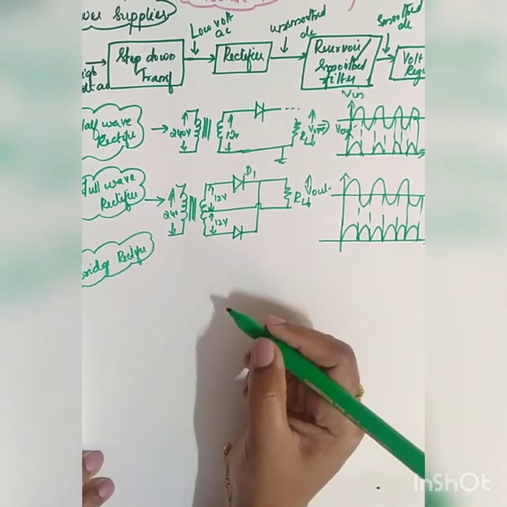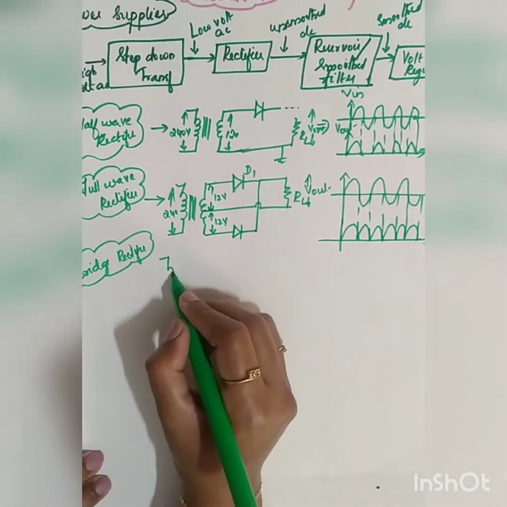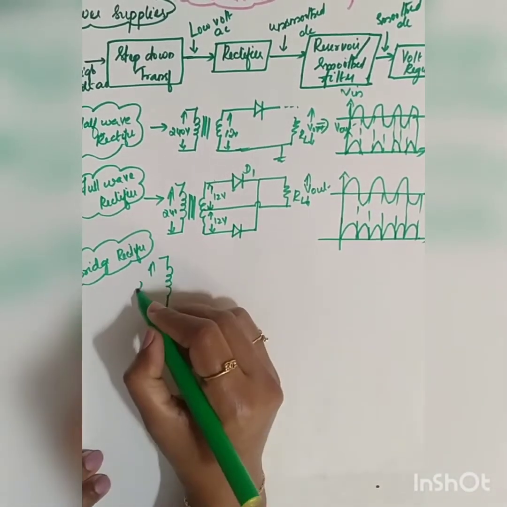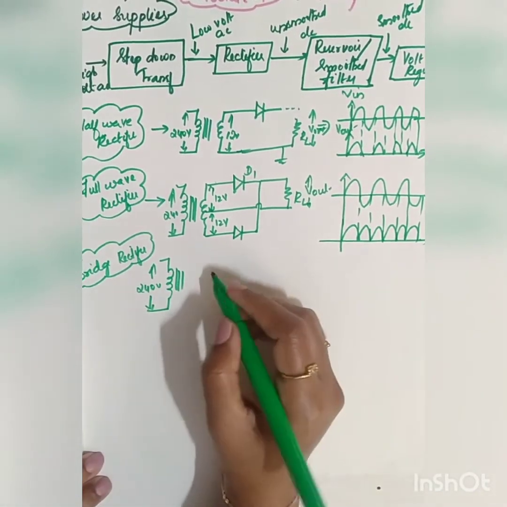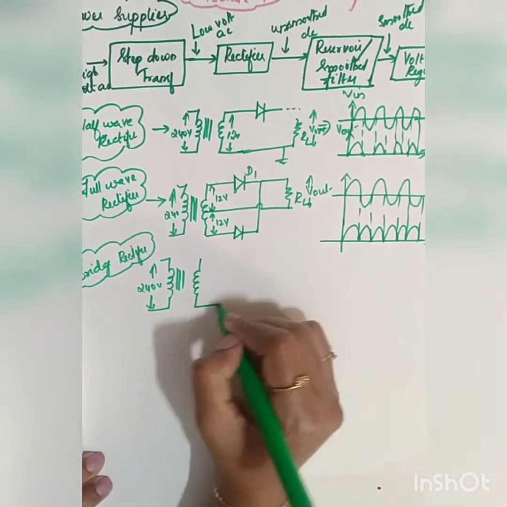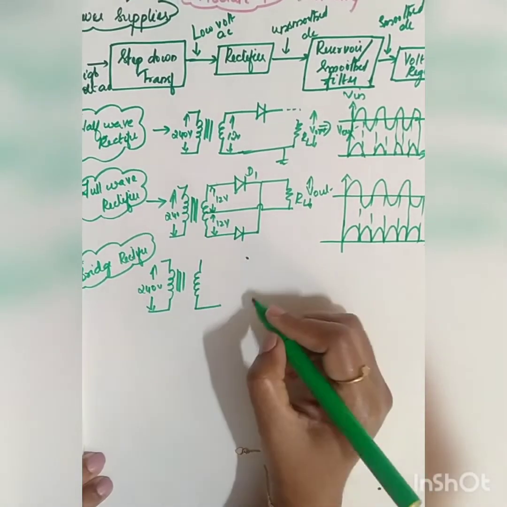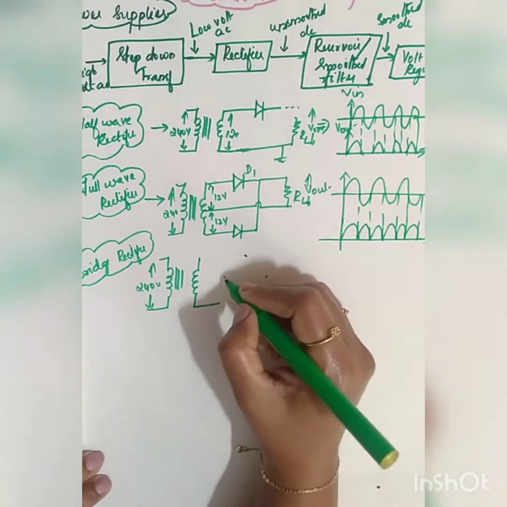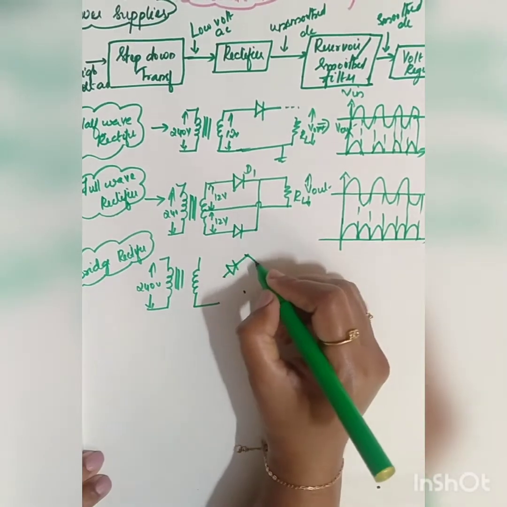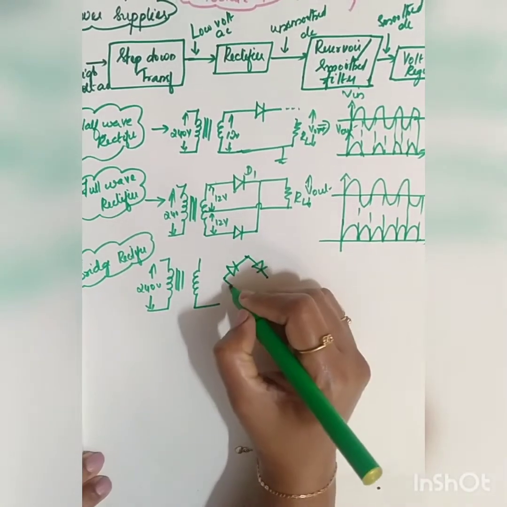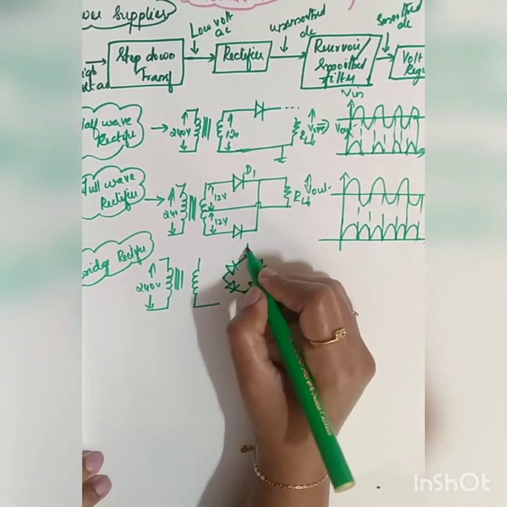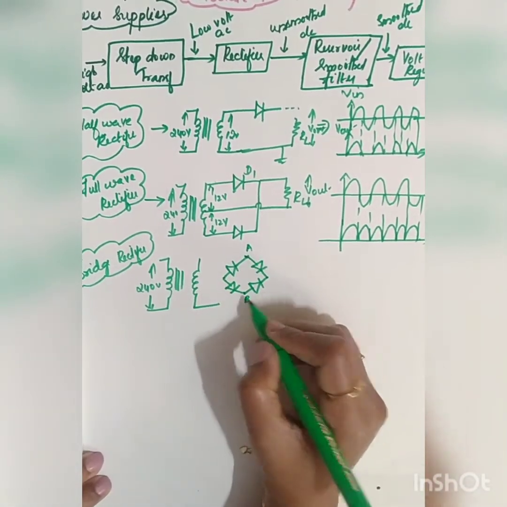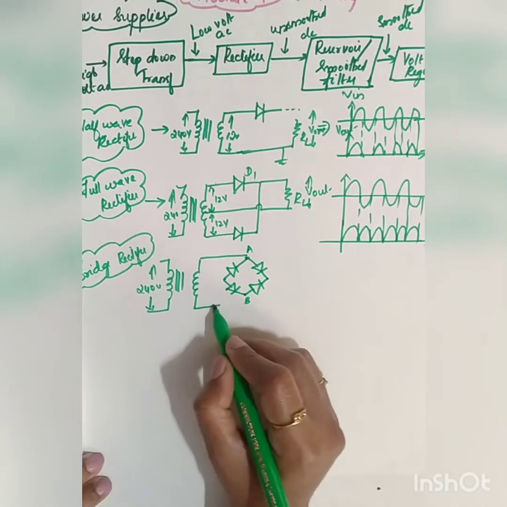Wherein you have used your bridge. So it was 240 volt. The center tap was eliminated. You have given it to the bridge circuit. So positive, negative, positive, negative. If I take this as A, B, here were your inputs.